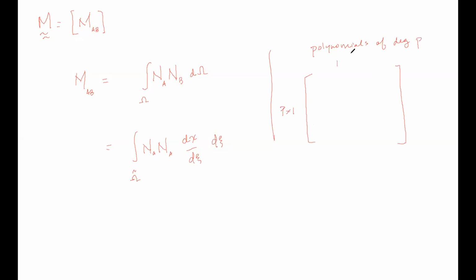Okay, p plus 1 by p plus 1. Perfect. And then you've got M_11, M_1,p+1, M_p+1,1, and M_p+1,p+1. And then we have our abth entry in here somewhere. So we just have to populate that matrix.